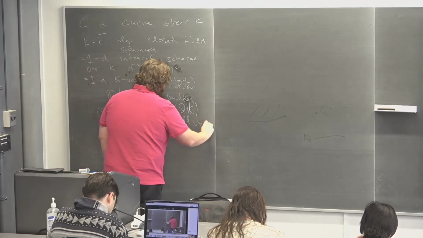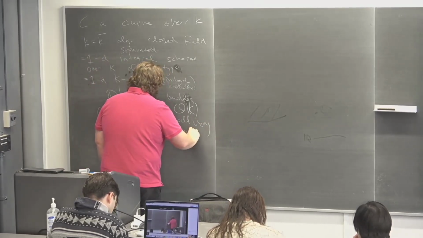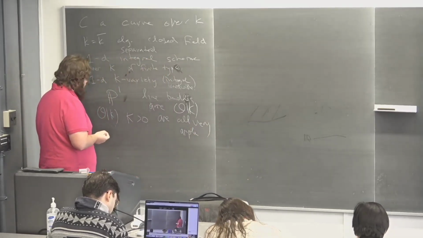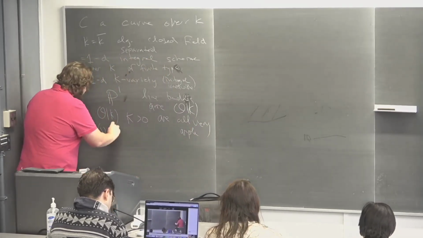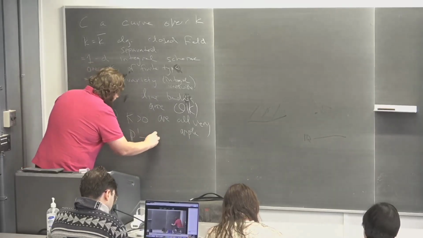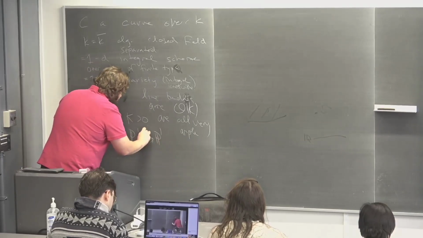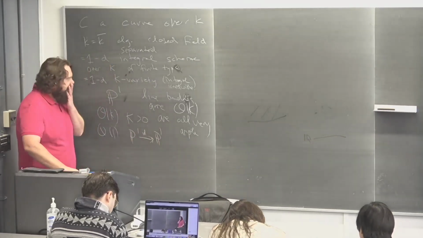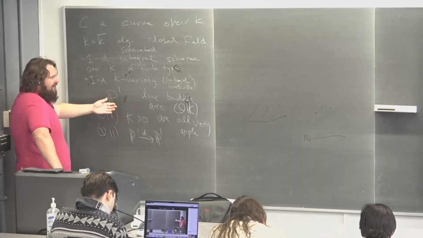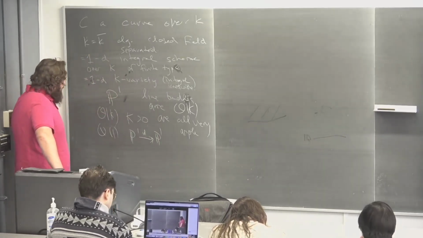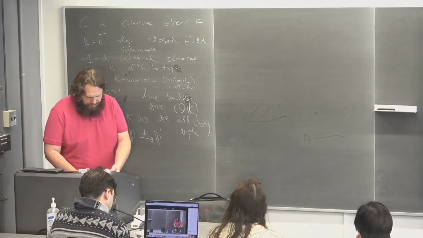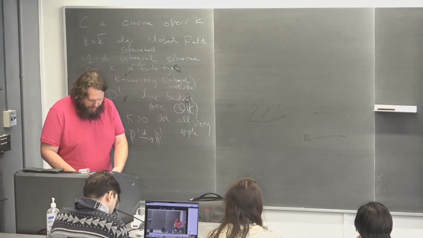They all correspond to embeddings into projective space, with O of 1 in particular corresponding to the identity map from P1 to itself. All right, so P1 is a very important object, but for the sort of questions we want to ask, it's kind of already known.